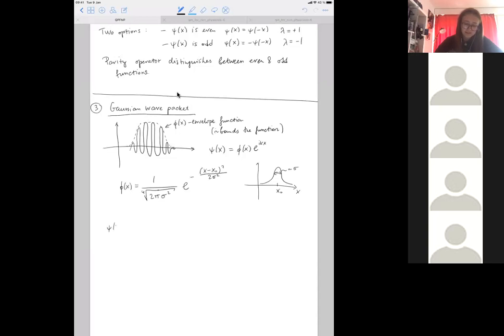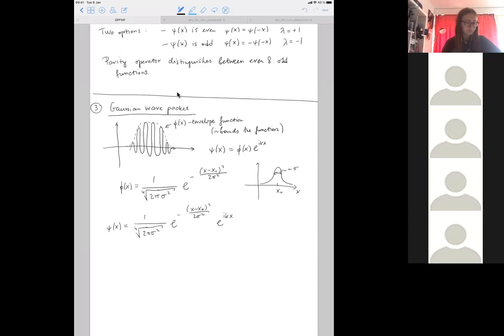Then the wave function psi of x can just be written as this Gaussian times e to the power ikx.